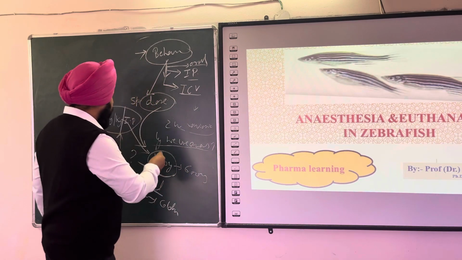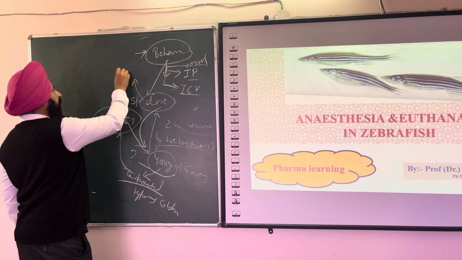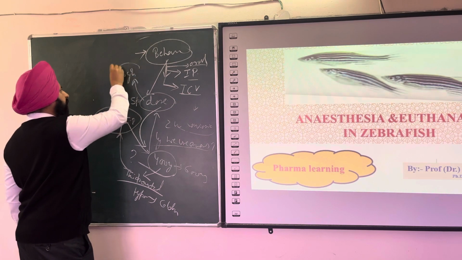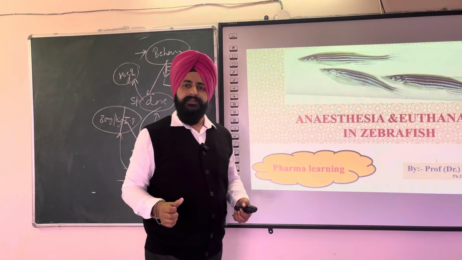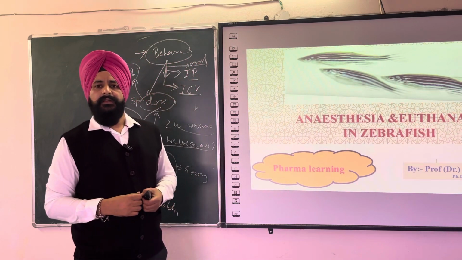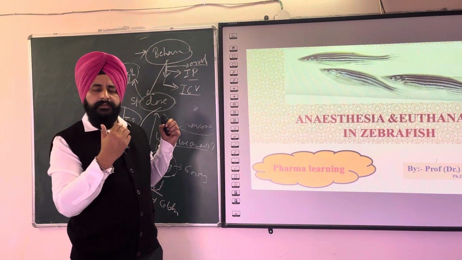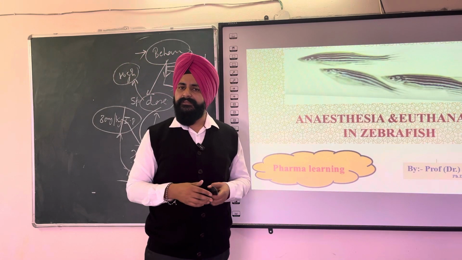If you do not select an appropriate dose, suppose you give a high dose of the anesthetic to the zebrafish, what will happen? It will not only alter your experimental interpretations, it will also increase the rate of mortality in the zebrafish.